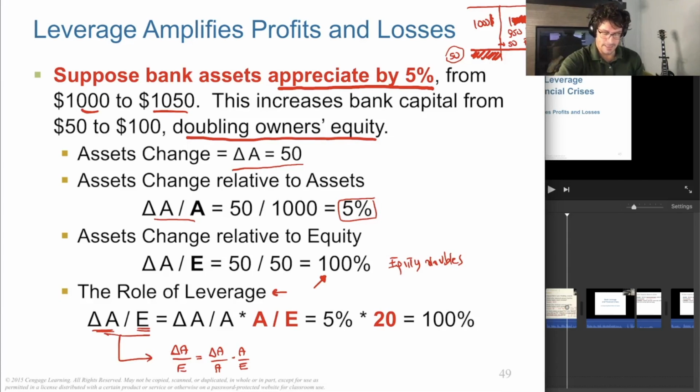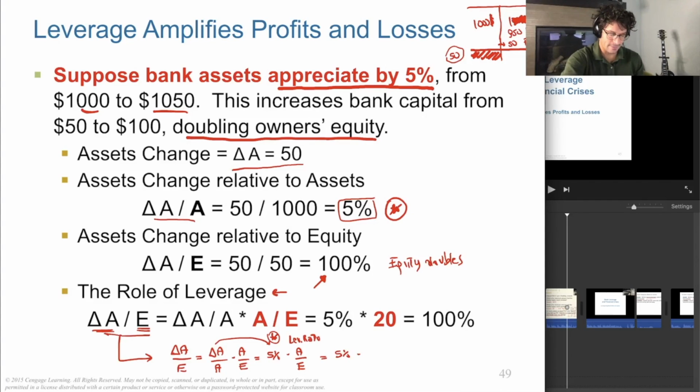But what is the change in assets? Well, the change in assets was equal to 5%. We have it here. But then everything is multiplied by A over E, assets over equity. What is assets over equity? It is the leverage ratio, which, if you remember, was 20.